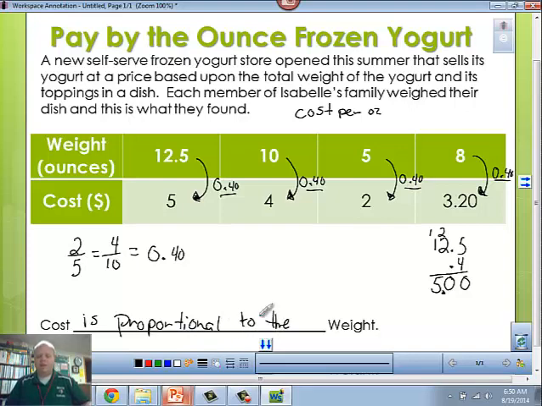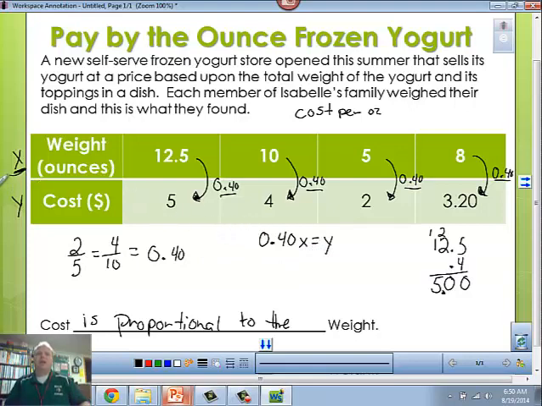If I made this an XY chart, where this is X and this is Y, it doesn't matter what my weight is if I do the same thing. So 40 cents times X equals Y. That's what this frozen yogurt company uses when they sell their frozen yogurt.